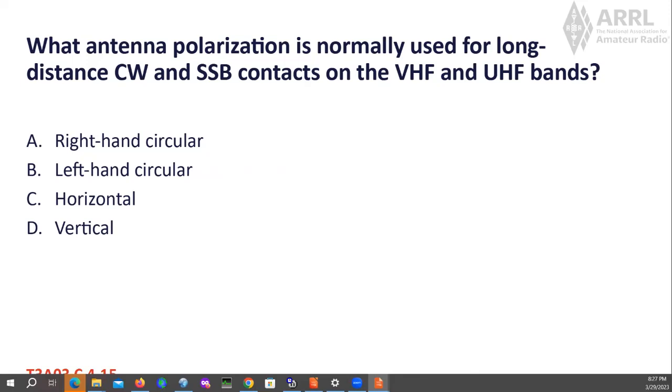Most of your FM with repeaters and such are done with vertical antennas, but when you're going for longer range and not using a repeater, with CW and sideband, that antenna is turned to where it's a horizontal antenna. If it's turned to where the elements are up and down and it's vertical polarization, then that's when someone's mostly trying to use FM and operate with a repeater.